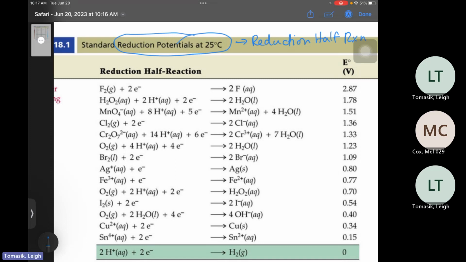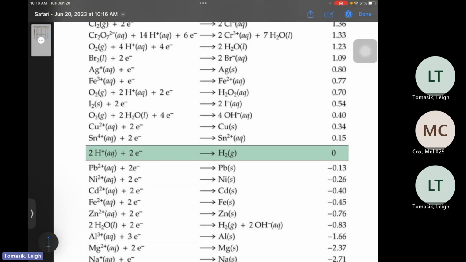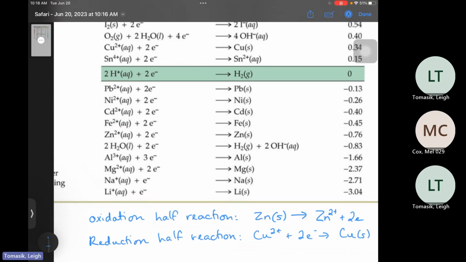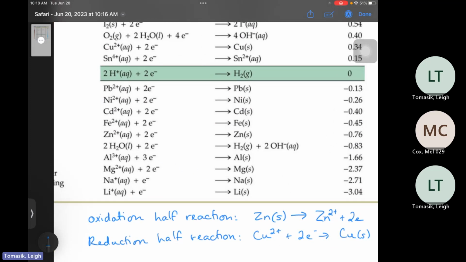You'll notice that we have all of the metal ions on the left, and we have the solid metals on the right. So they're written as reductions.